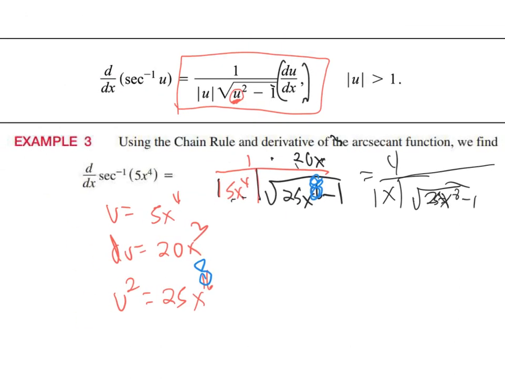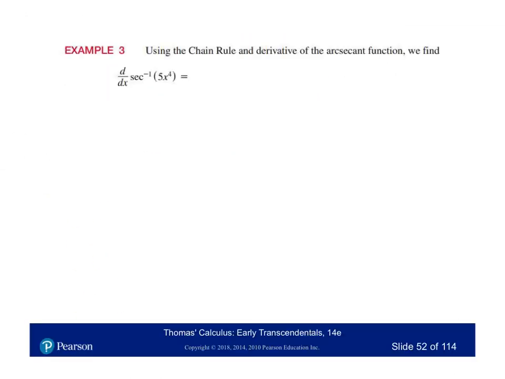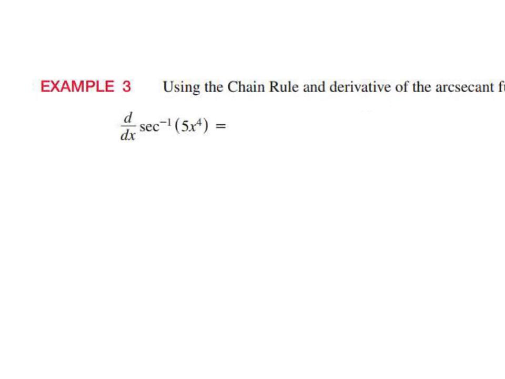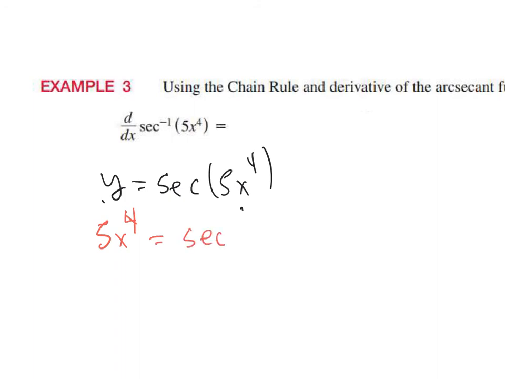I think I have the answers here somewhere. Let's do it again. Yay, let's do it again. y equals secant of 5x to the 4th. I switch the angle with the y, so that becomes 5x to the 4th equals secant of y.